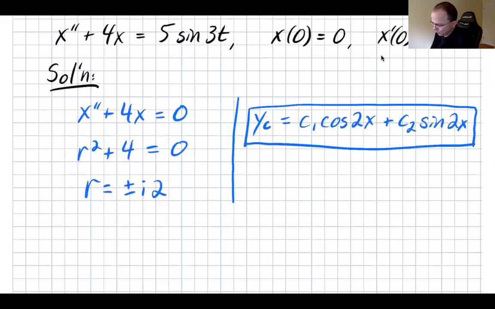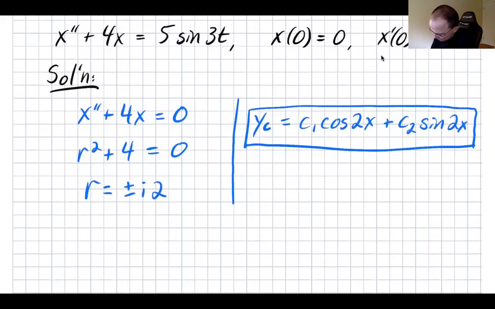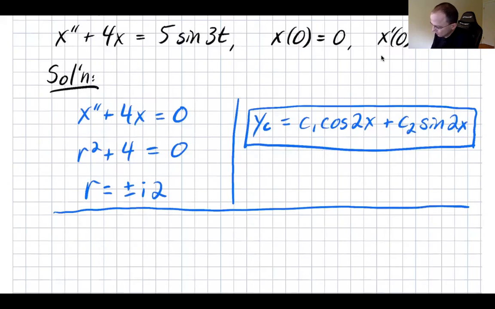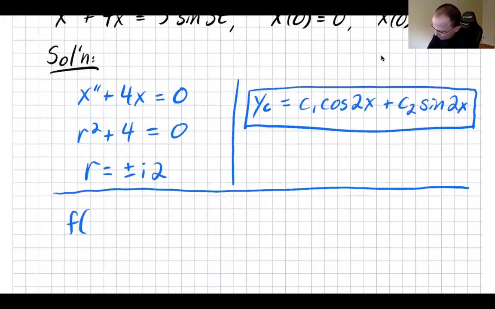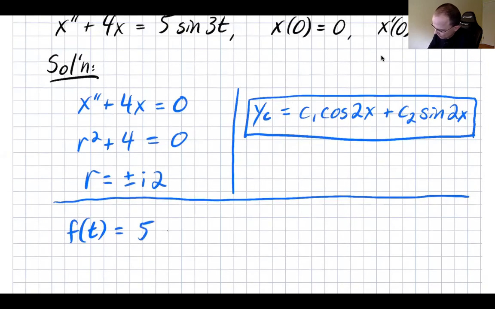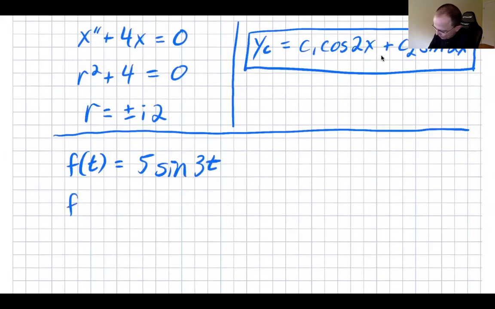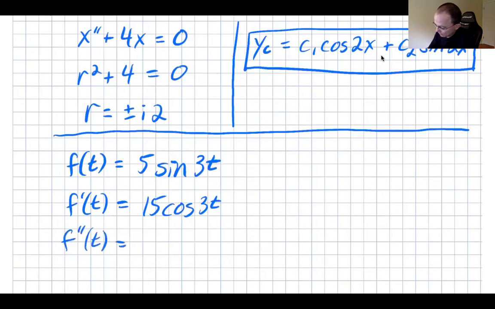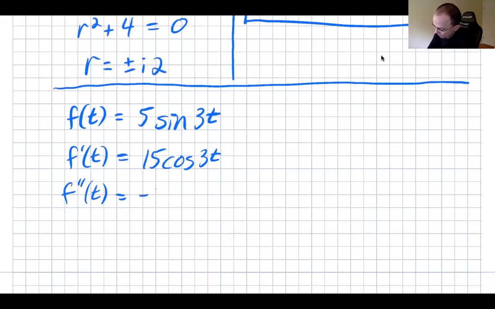Okay, and now we need a particular solution. So what is our external function? It is 5 sine 3t. If we take derivatives of this, we get 15 cosine 3t, and if we take a derivative again, we get negative 45 sine 3t, and so on.